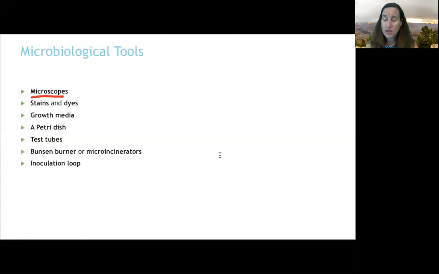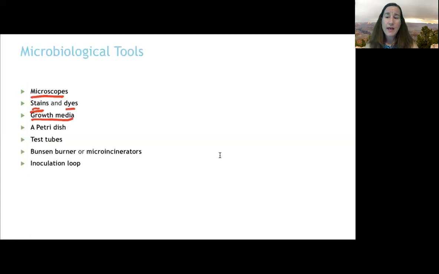Stains and dyes are going to help us differentiate between bacteria, because some things will absorb stains and some won't, and some will absorb different stains but not other stains. So they'll help us differentiate between different types of things. There's also different growth media out there.